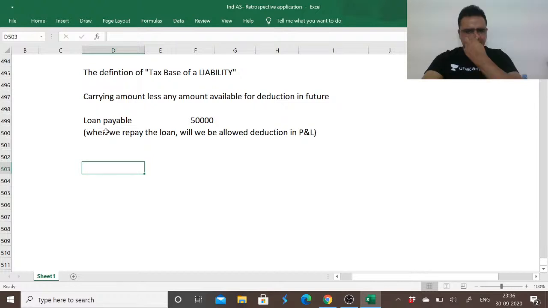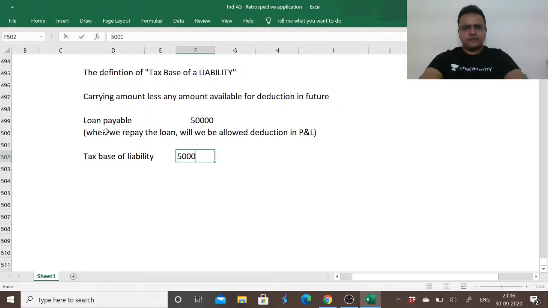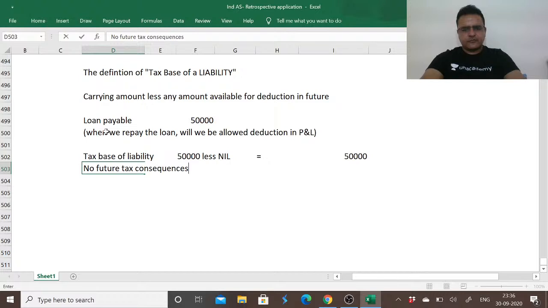Tax base of liability will be carrying amount less any amount available for deduction in future, nil, which is equal to 50,000. Tax base of liability is 50,000, so no future tax consequences. So no DTA or DTL.